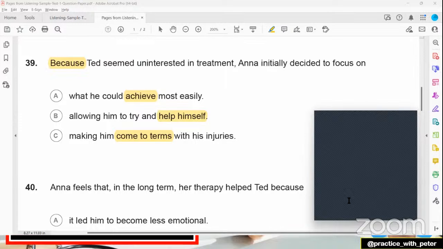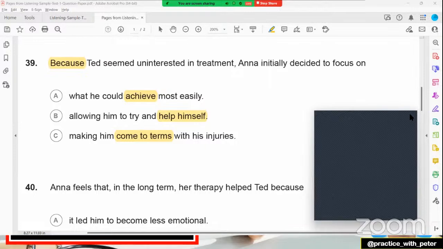All these are the different meanings which I am giving you. Okay. Making him understand his present condition. Come to terms, making him understand his existing situation. So these things you can say.